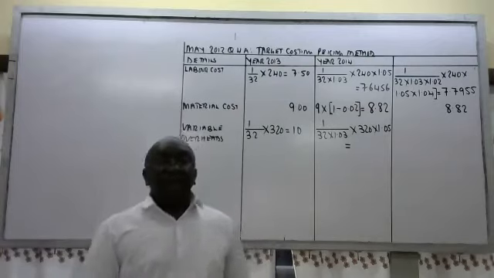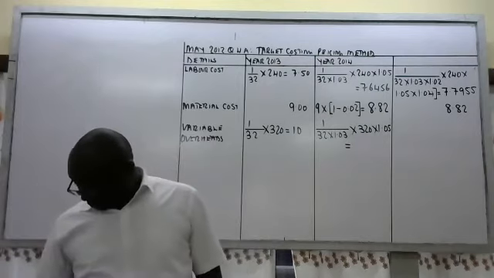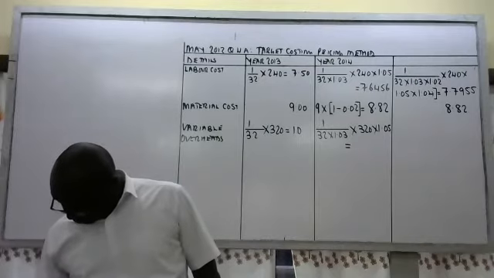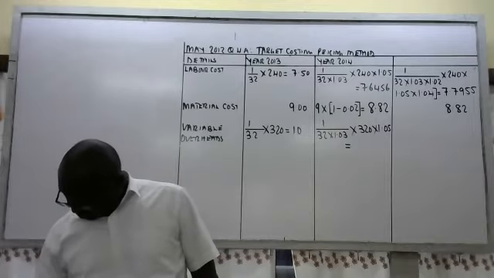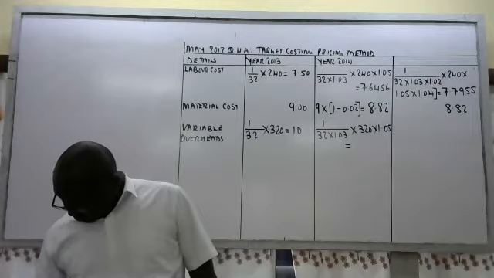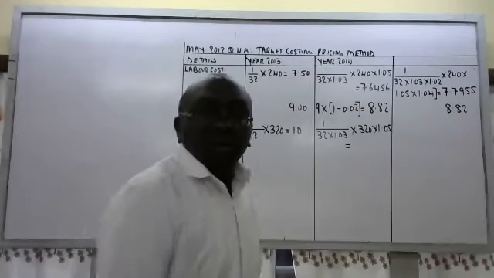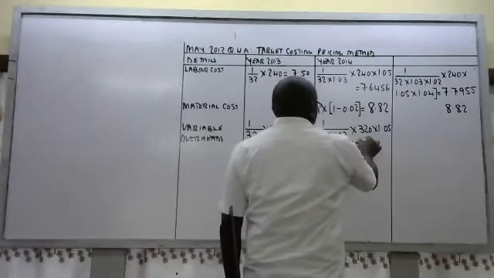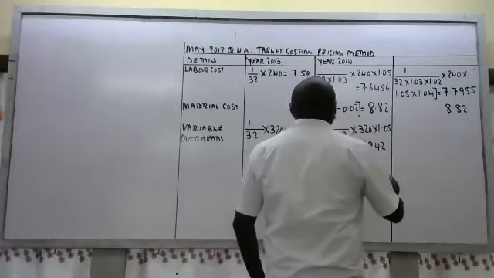Aha, 10.1942. Good. All right, let's go to the next one and do the same thing.